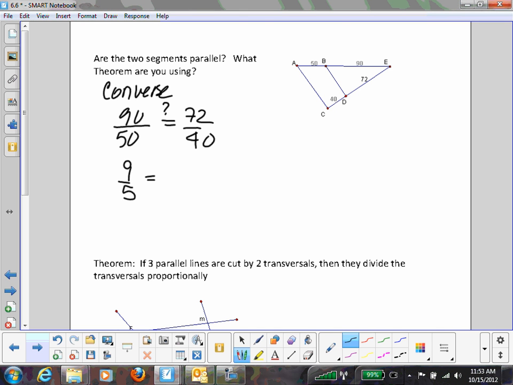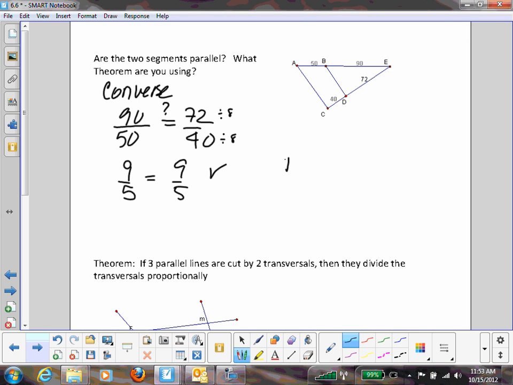And what does 72 over 40 reduce down to? 9/5 also. So the answer is yes, because we're dividing both of these by 8, correct? We're reducing the fractions. And so we get 9/5 is equal to 9/5, so they have the same proportion. Therefore, we can say that BD is parallel to AC.